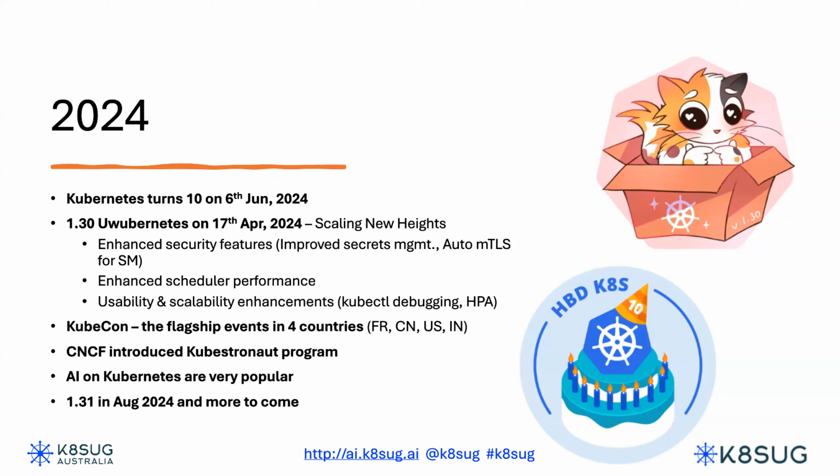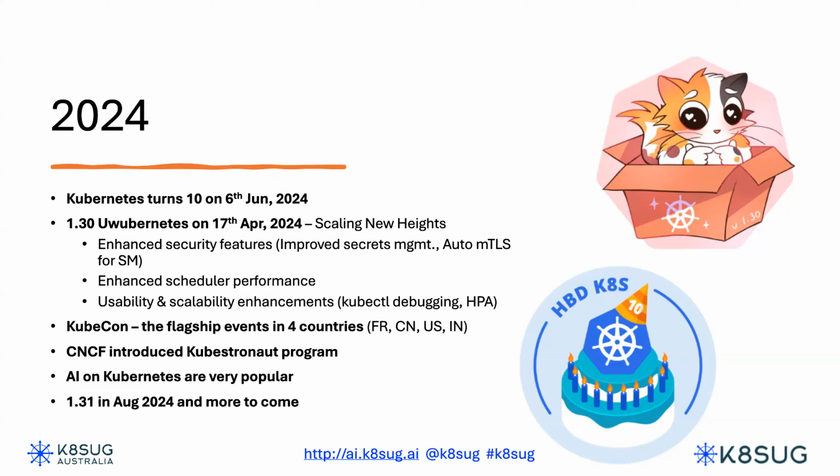So everything is about how to enhance security, improve secret management, how to optimize mTLS for the service mesh, and also enhance performance, especially around the scheduler, to be able to support large-scale, high-density Kubernetes clusters.